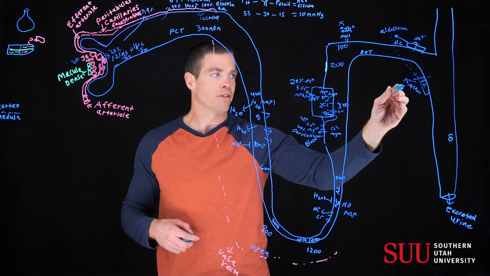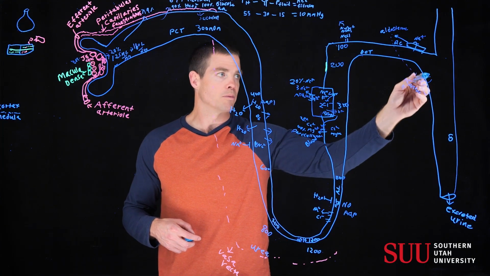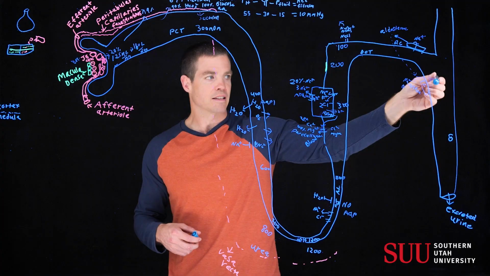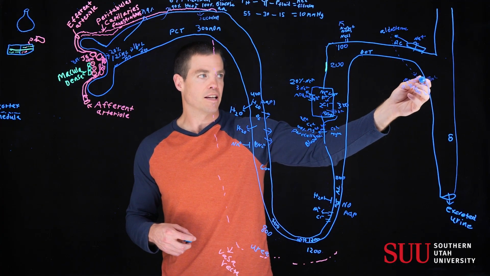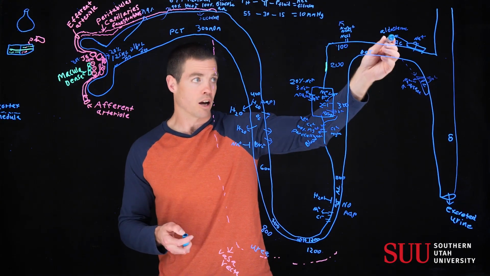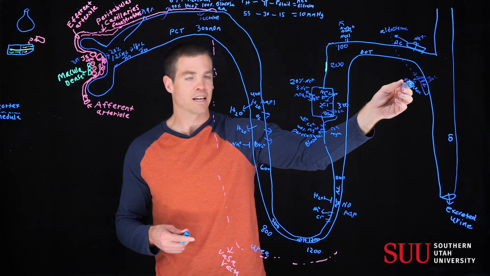Okay, so that's going to be one thing it's going to do, and it's going to insert this other channel, just this sodium channel right here on the apical side of the membrane. So you get more sodium that's leaving the collecting duct going into the principal cell. So you literally have more of these channels that are created because the aldosterone hormone created that, as well as more of the sodium potassium ATPases.